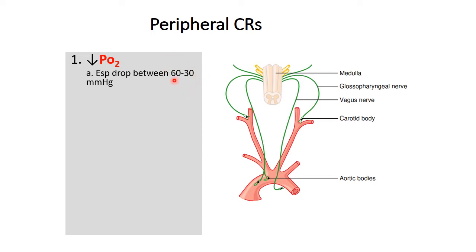It says that a drop in PO2 to this remarkably low range happens to be the main trigger, the main stimulus of peripheral chemoreceptors. What happens between 100 and 60? Well, the simple answer is nothing. Nothing happens.